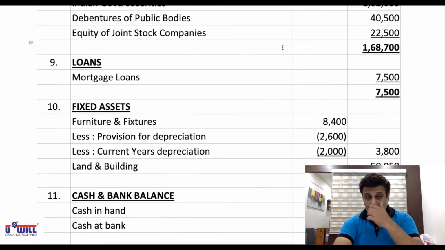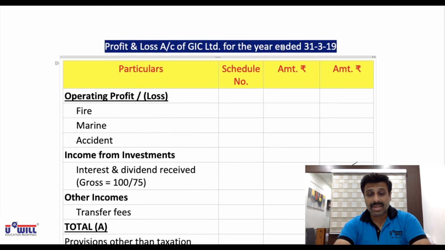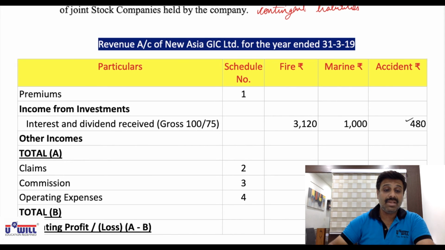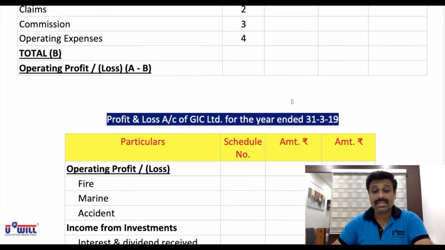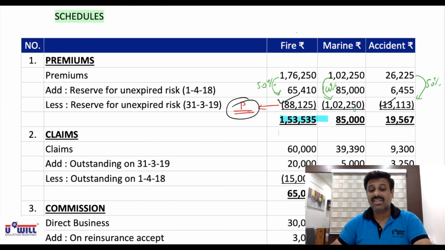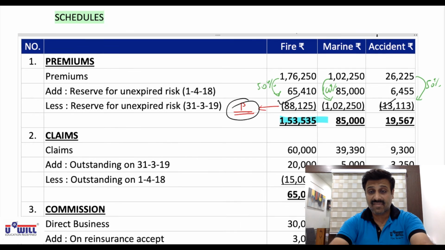Okay. So now we can put the things in revenue account, P&L account and balance sheet and do the balancing. Let's do it. Very first, premiums. Premiums we have received as 153535.